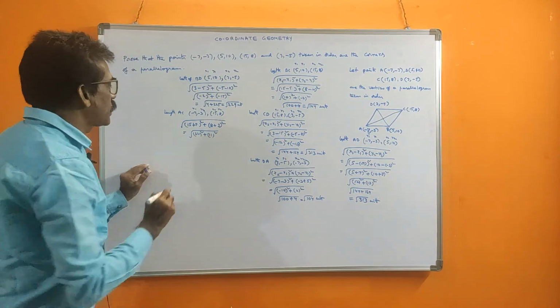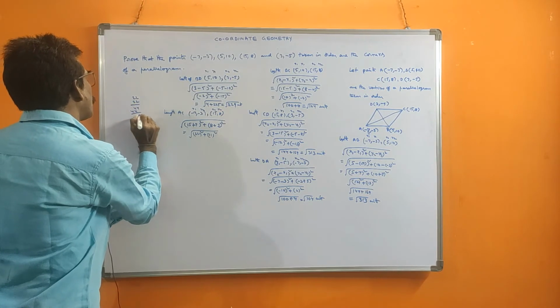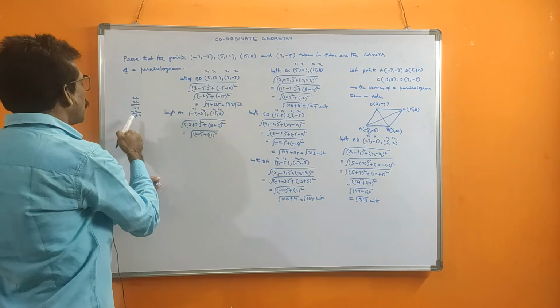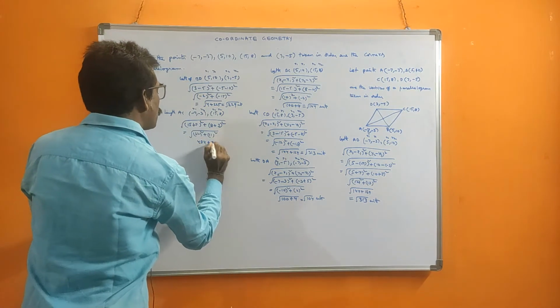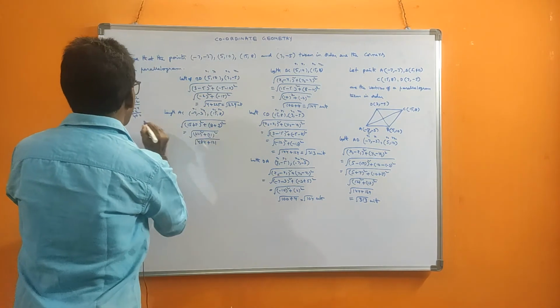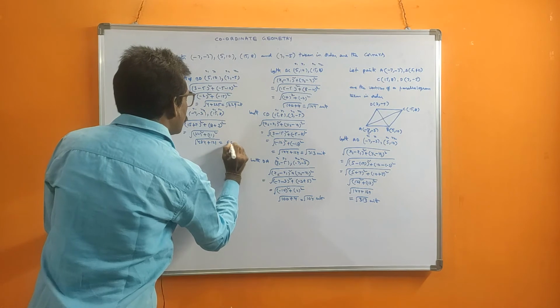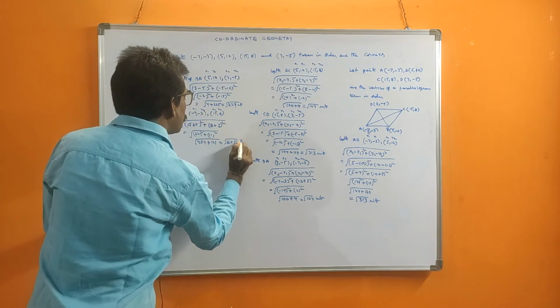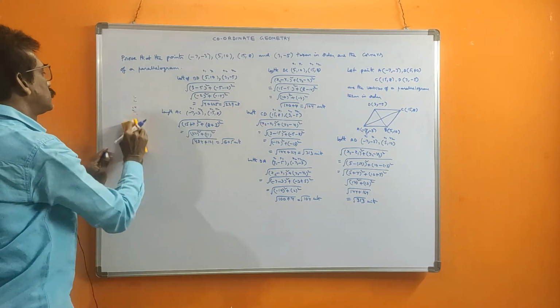Here we should multiply: 22 22s are 484, plus 11 elevens are 121. So for this, 121 you would add, see, root 605 units.